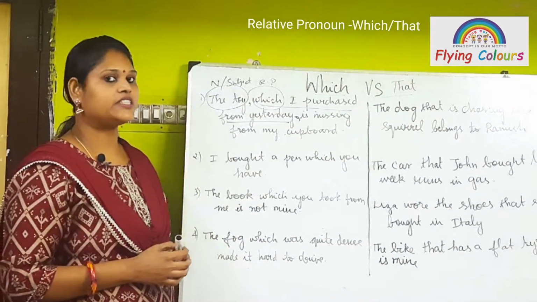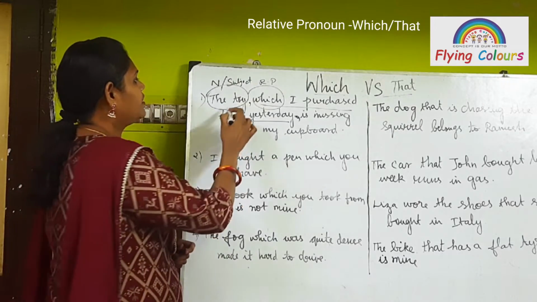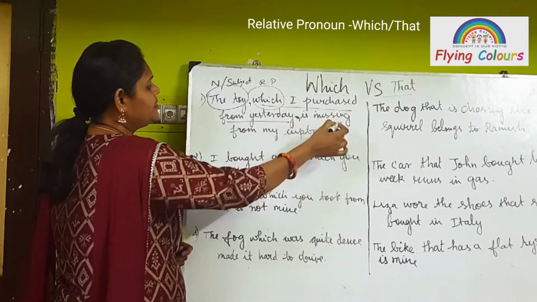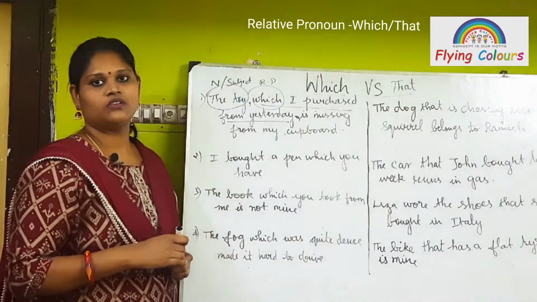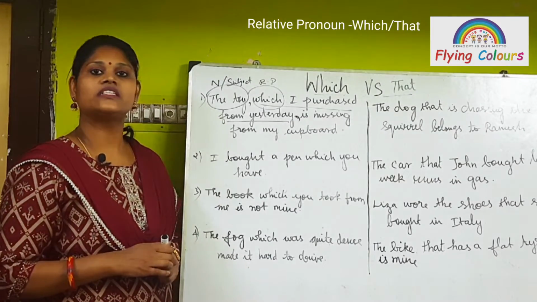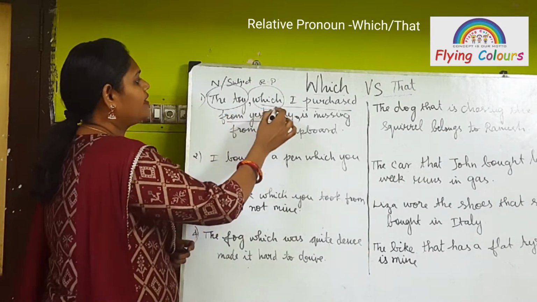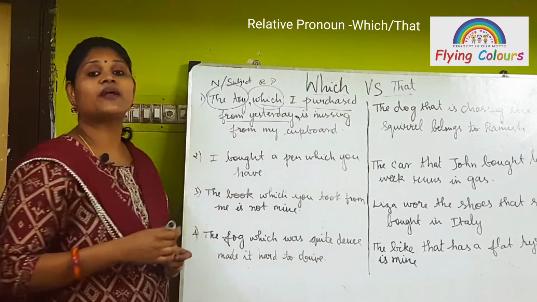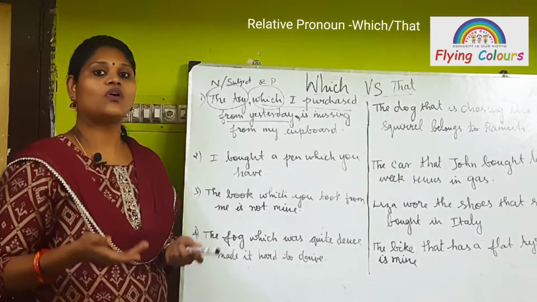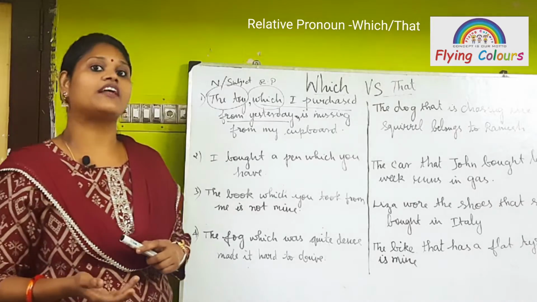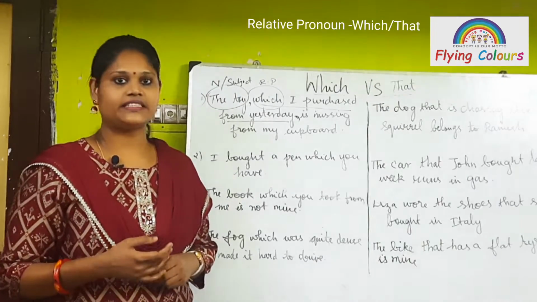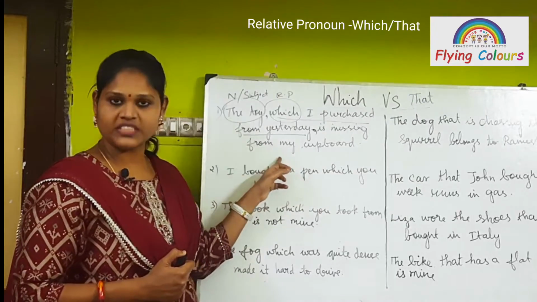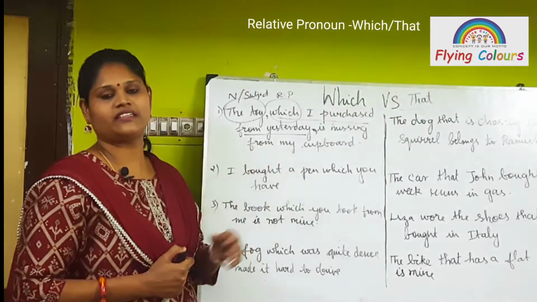So, let me read it without that: The toy is missing from my cupboard. So what is the non-essential clause in this sentence? The toy which I purchased yesterday. This is extra information given to the sentence. Without this also the sentence will get completed.